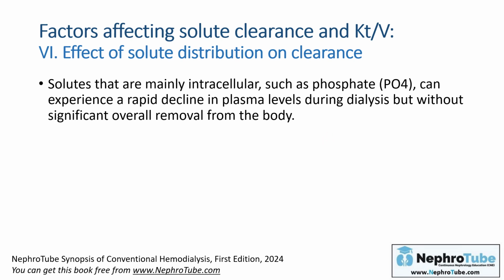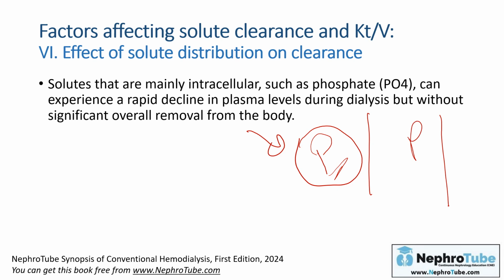Let's say these are the cells, not RBCs, the cells of the body, which have phosphorus in high value. And this is the blood. The phosphate in the blood will be dialyzed easily, and the plasma level of phosphate will be cleared very rapidly. But the efflux of the phosphate from the cells to the blood is low.